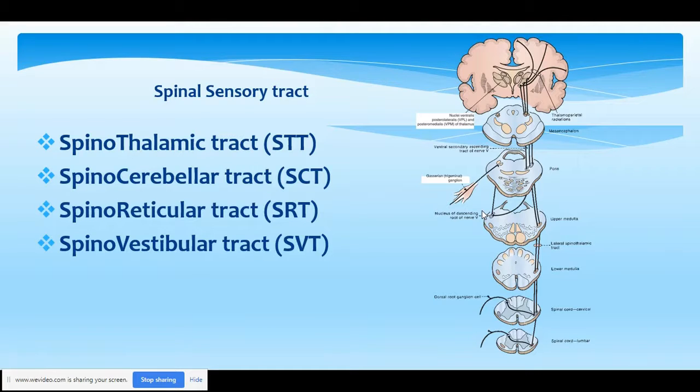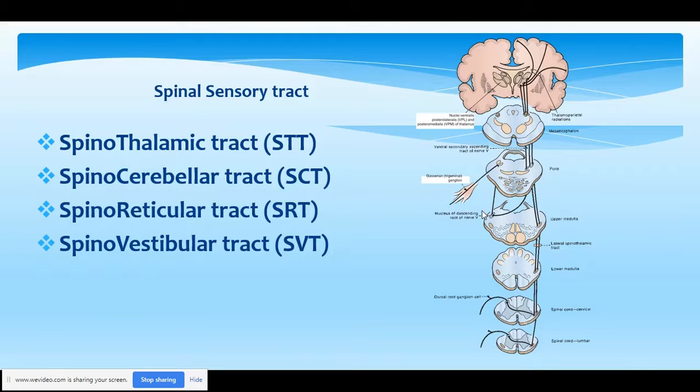A spinoreticular tract is another sensory tract that goes up to the reticular formation in the brainstem to let it know the positioning and motion of the body, so the reticular formation can help the spinal cord as feedback to modulate the motor output and balance.